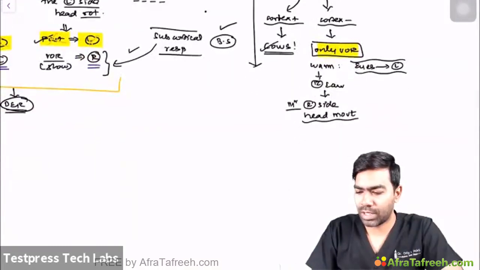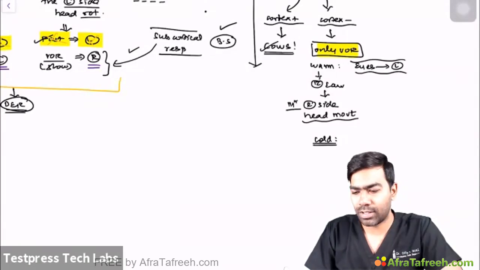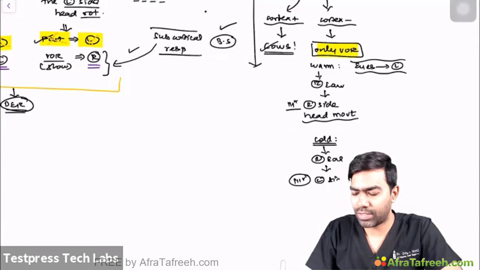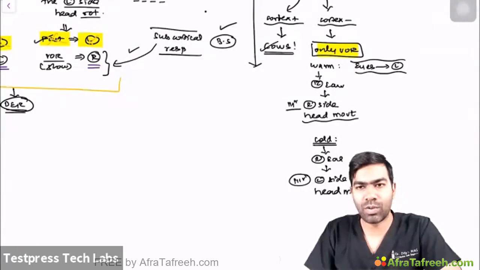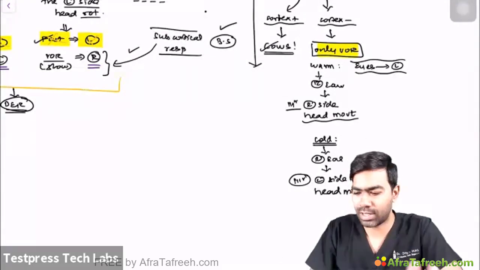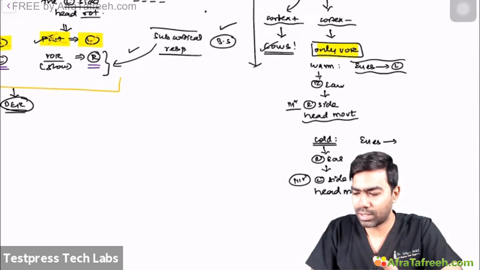Similarly, if you are putting cold water into the right ear, it is mimicking a head movement towards the left side. Because here only the vestibulo-ocular reflex is there, your eyes will move towards the right side only.